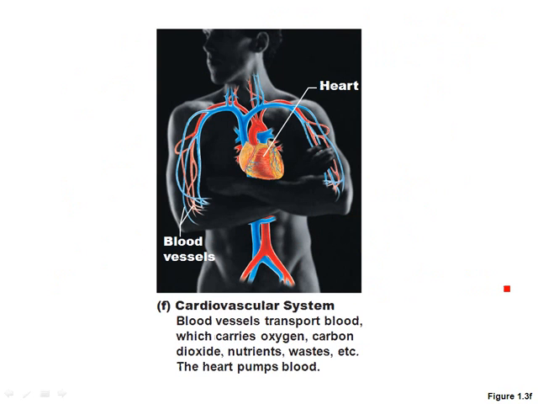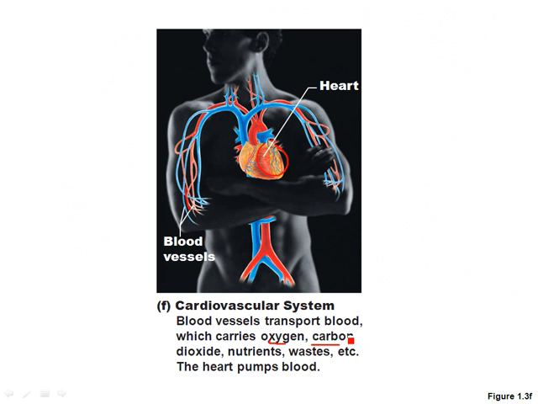All right, your cardiovascular system. You've got your heart, and you've got your blood vessels. The job of the cardiovascular system is to transport blood. And inside of that blood, you're going to have oxygen, carbon dioxide, nutrients, any waste that you need to get rid of. That's its job. It's located everywhere in your body, you have blood vessels.